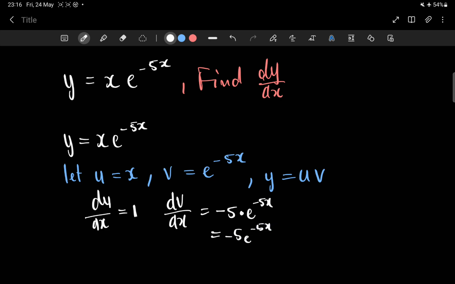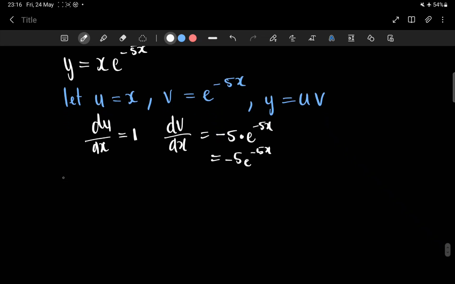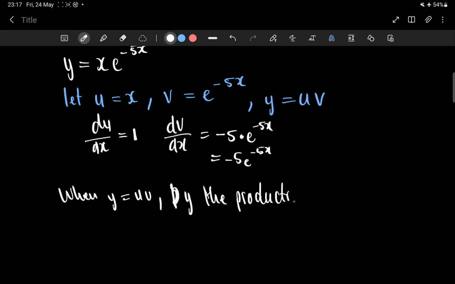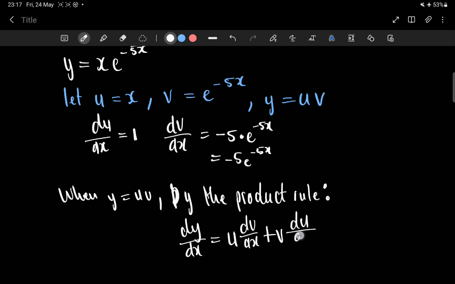Then we have y being equal to uv. So now we can say when y is equal to uv, by the product rule, you can now say dy dx is equal to, first one, u differentiate the second, dv dx, plus the second, v differentiate the first, du dx.